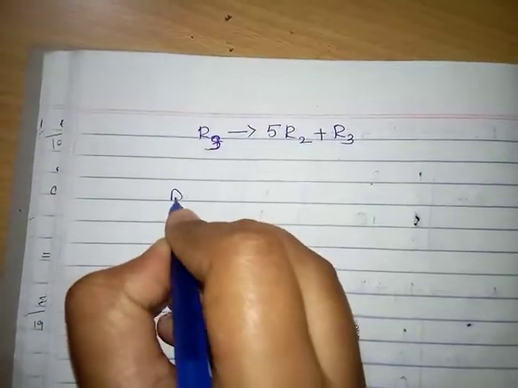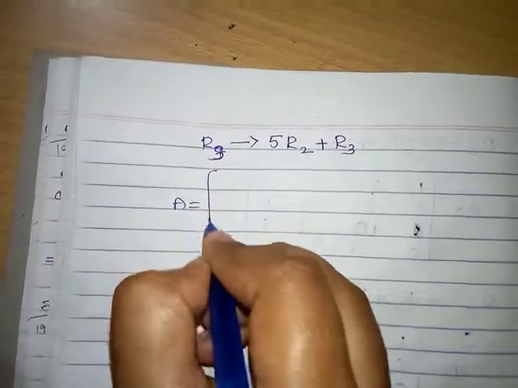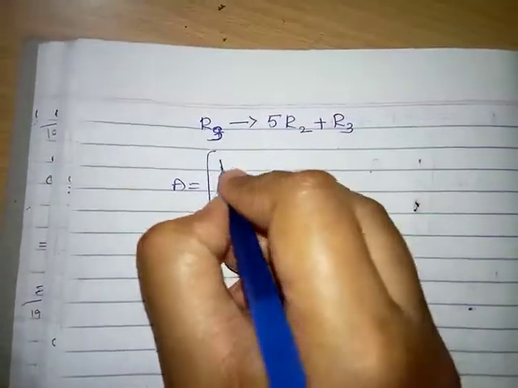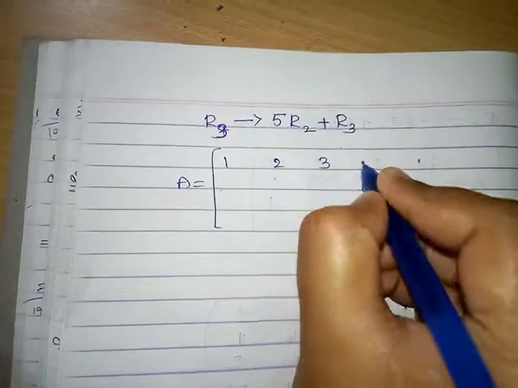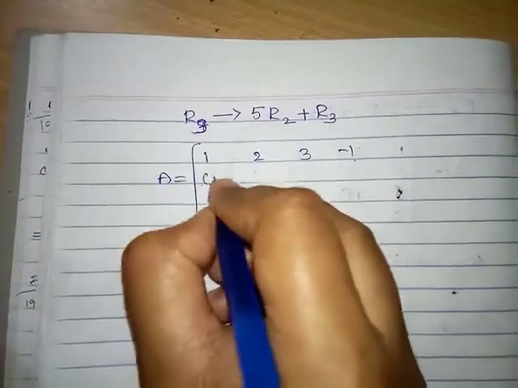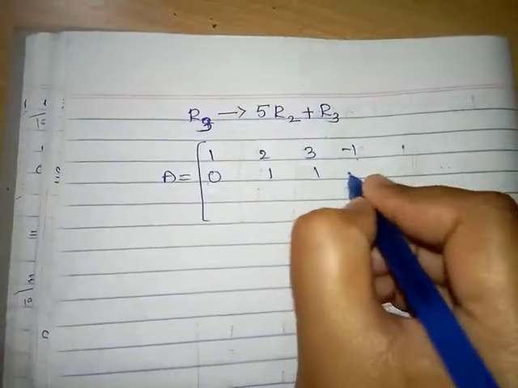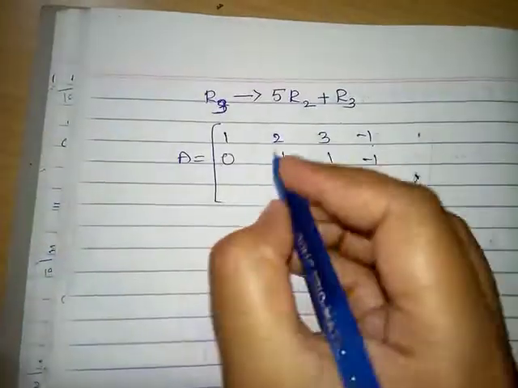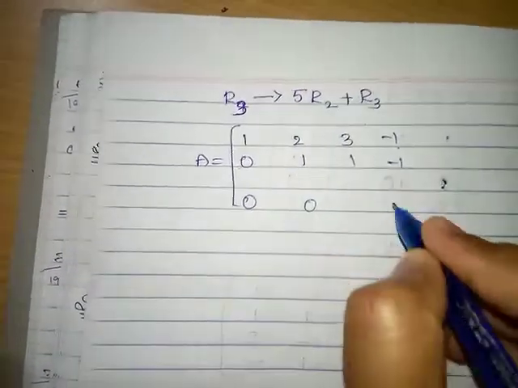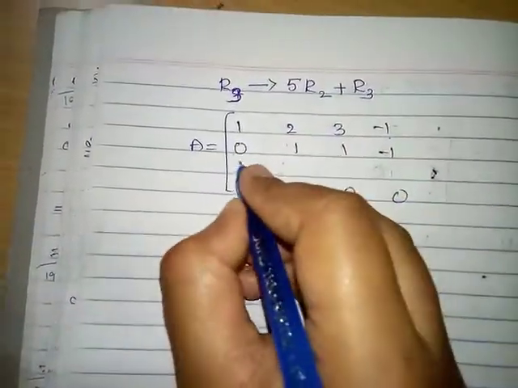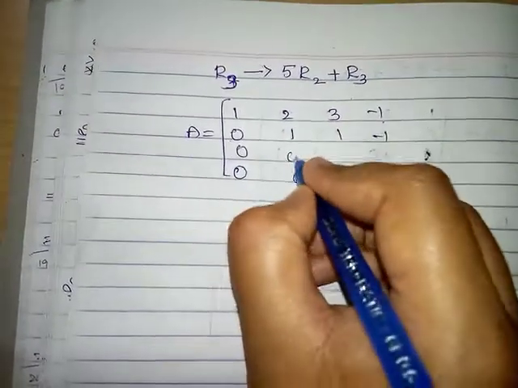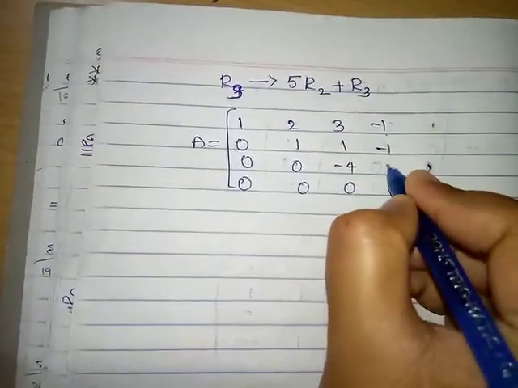Then after the transformation, the matrix is 1 2 3 minus 1. The first row as it is, the second row is also as it is. We are changing only the third row; the fourth row is as it is, since it is a 0 row. Next it is 0 0 minus 4 minus 4.